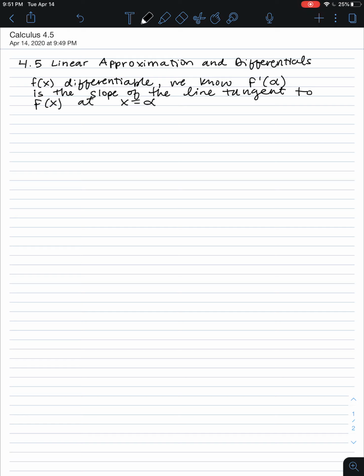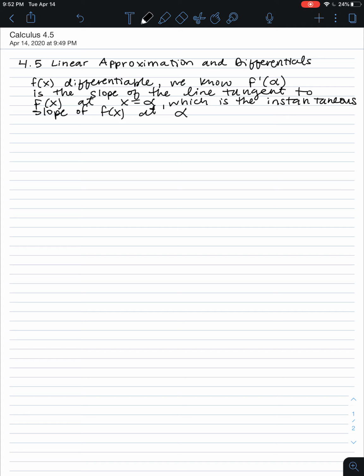And we also know that this is the instantaneous slope of our function f of x at alpha. Right, so this is what we've been talking about all semester. A derivative is just the slope of a tangent line, instantaneous slope of our function.